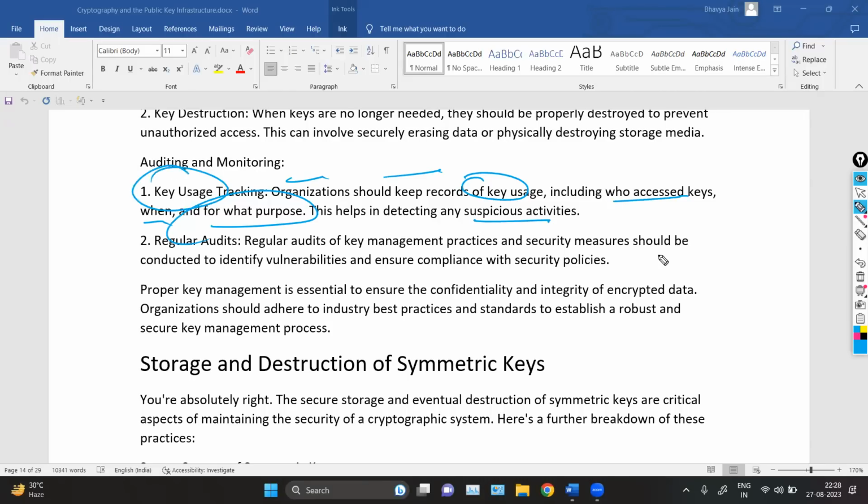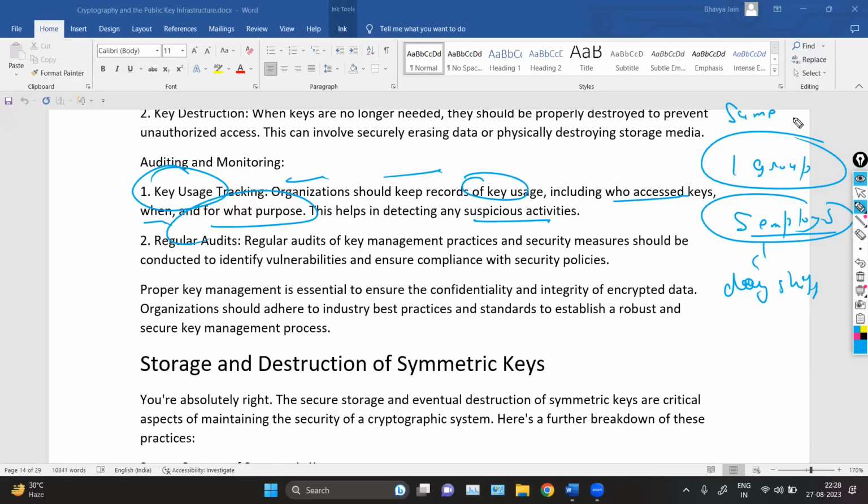Let's take an example. Let's say you have 5 employees, and those 5 employees are working in the day shift. These 5 employees are part of one group, meaning they have the same shared key, because they are using symmetric encryption. Now, let's say one of these employees accesses the data using the key at night.